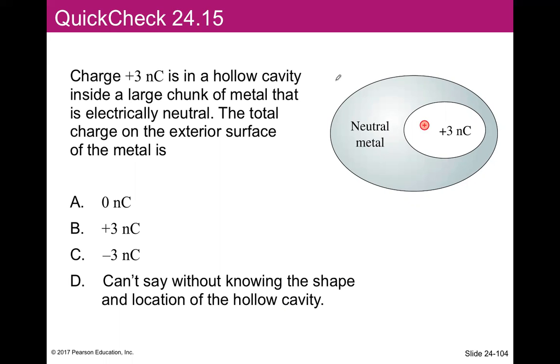Okay, let's see. So are you going to choose A or B or C or D?